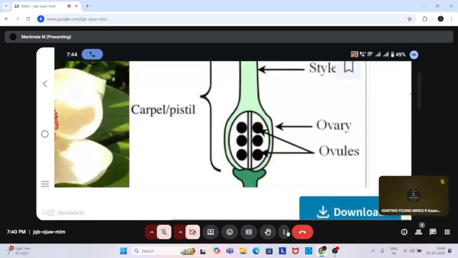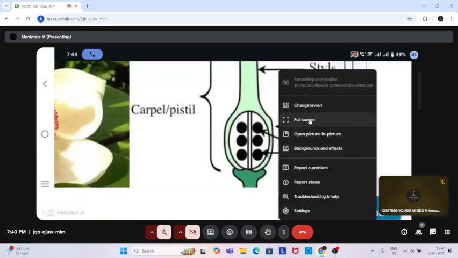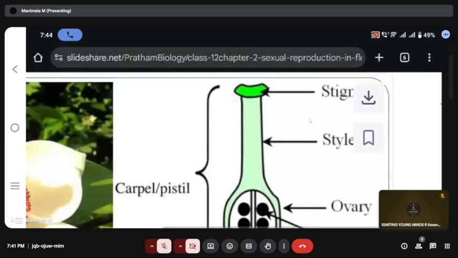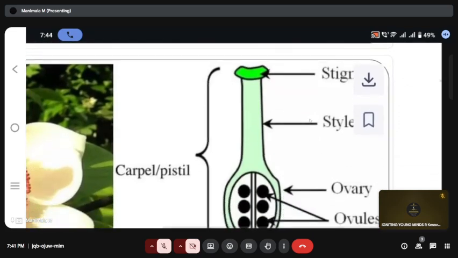And the next one is the ovary, the swollen base part. Here only the ovules will be produced. So this is the structure of the female reproductive parts. That also we have discussed, right?